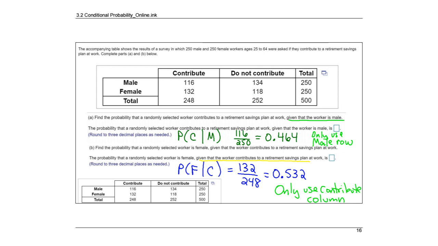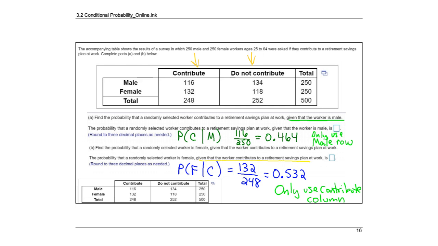Okay, so we have this table. We have 250 male and 250 female workers. They're all ages 25 to 64, and they were asked if they contribute to a retirement savings plan at work. Okay, so we've got the males in the first row, females in the second row, and then the total. Here we have whether they contribute or they do not contribute.